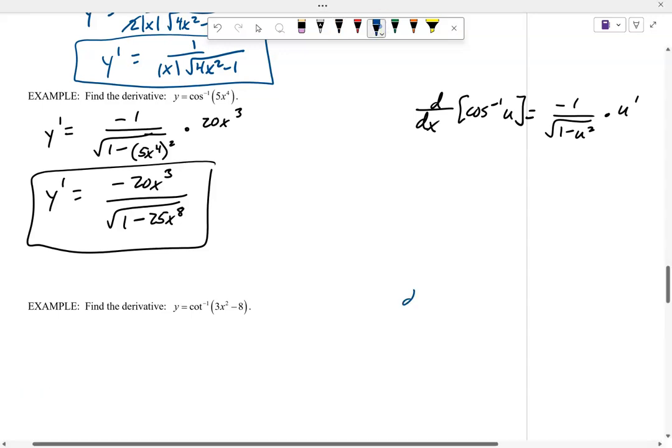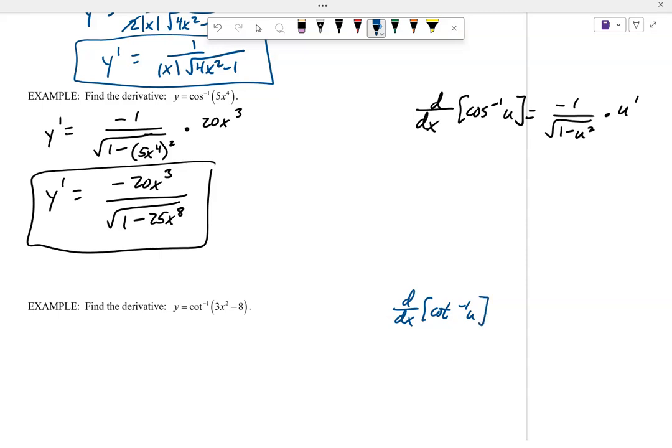So this next one, I'm using the rule that the derivative of the arc cotangent of u is 1 over 1 plus u squared. Oops, I'm sorry, that's -1 over 1 plus u squared times u prime, chain rule on that. That's the derivative of the arc cotangent.